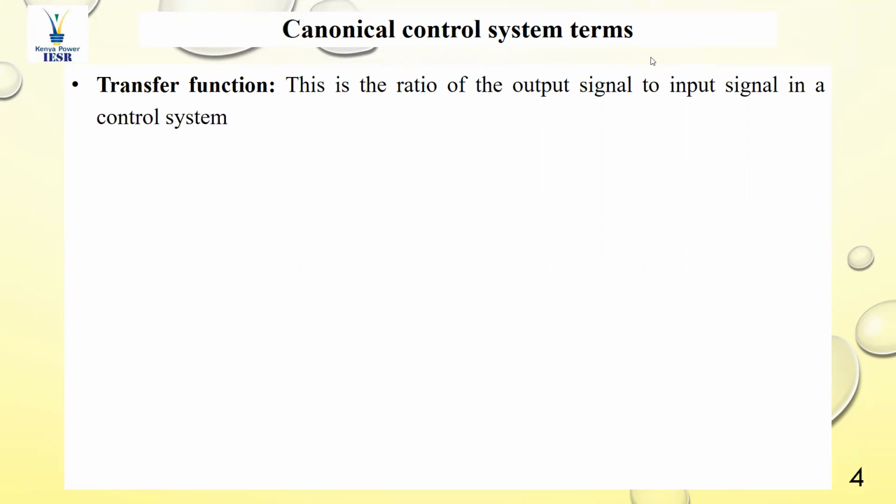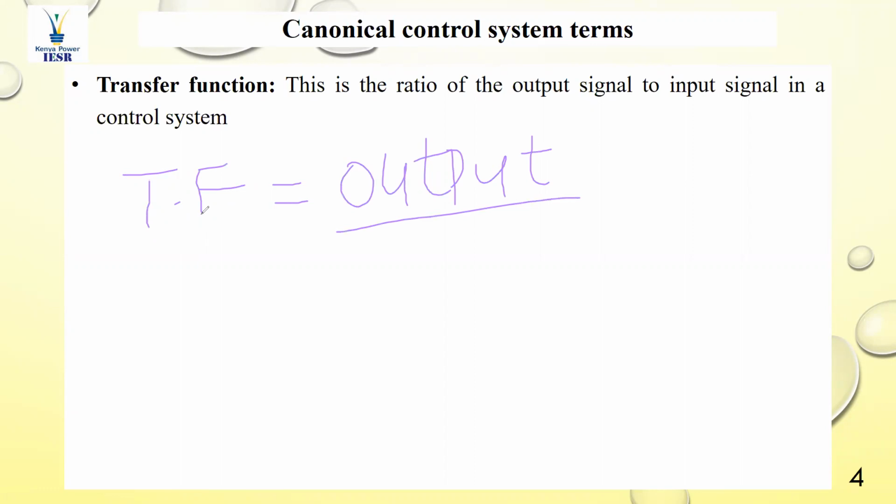By definition, a transfer function is the ratio of the output signal to the ratio of the input signal. You can write the short form of a transfer function as TF.